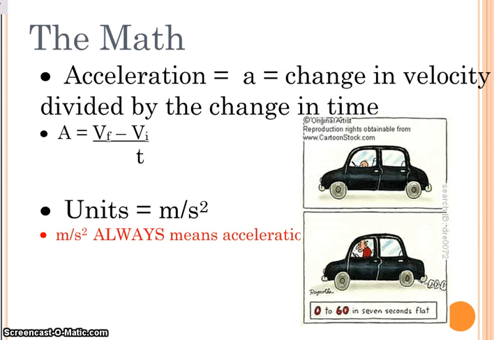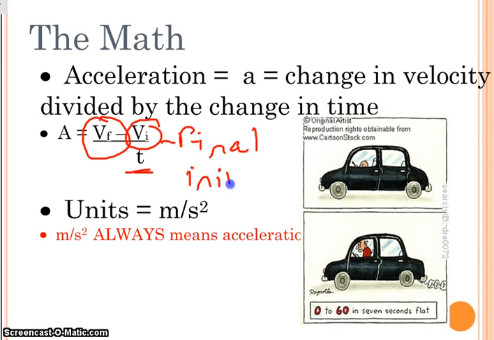Let's get to the math part, everybody's favorite part of this. The equation for acceleration is VF minus VI all over T. Now you've seen V's and T's before, but you haven't seen VF and VI just yet. It's really no different than what you've seen before, but VF stands for final velocity. Yes, that is literally the worst way I could ever have written that.